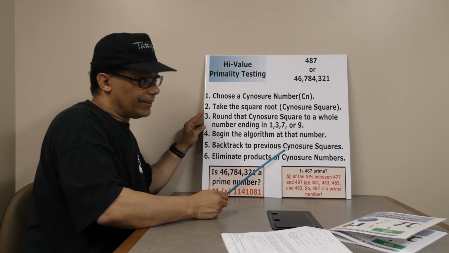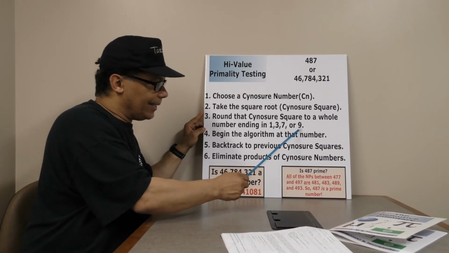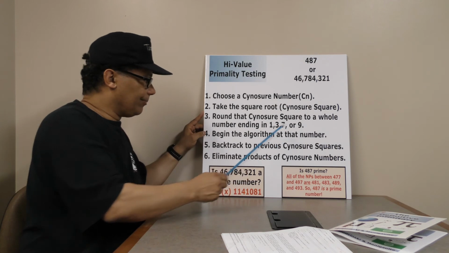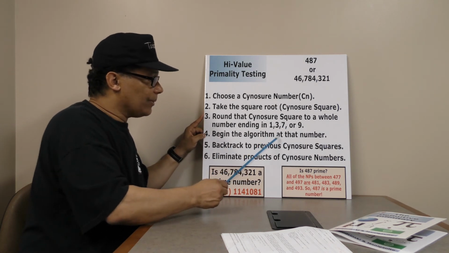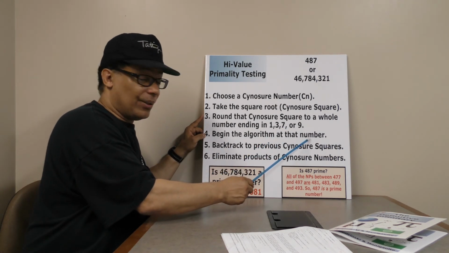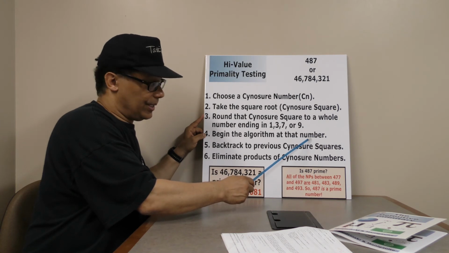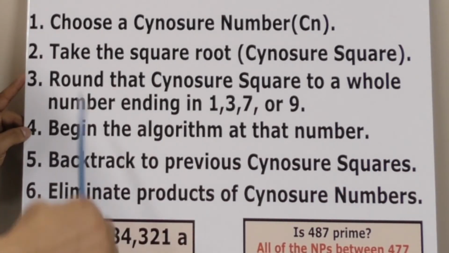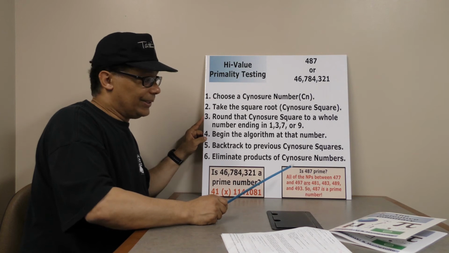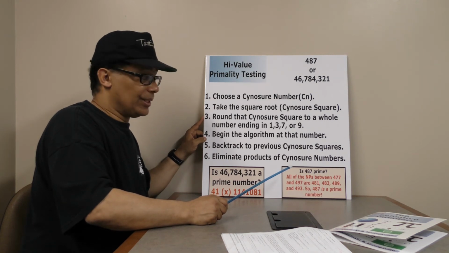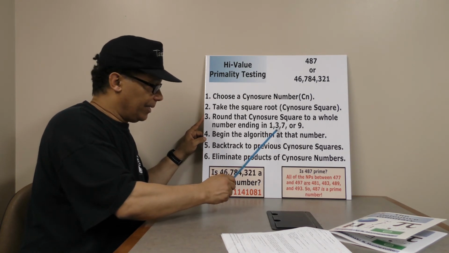Well, 6,839 ends in 9, so that will be our upper limit. Now we begin the algorithm at that number if we're going to use the retrorsum proof, and we go in reverse. But just on a hunch, I would like to use the process proof, and that begins at 3.